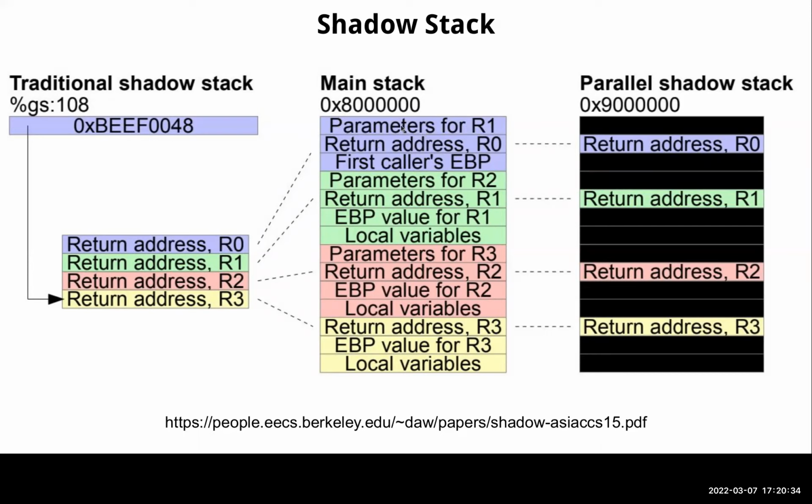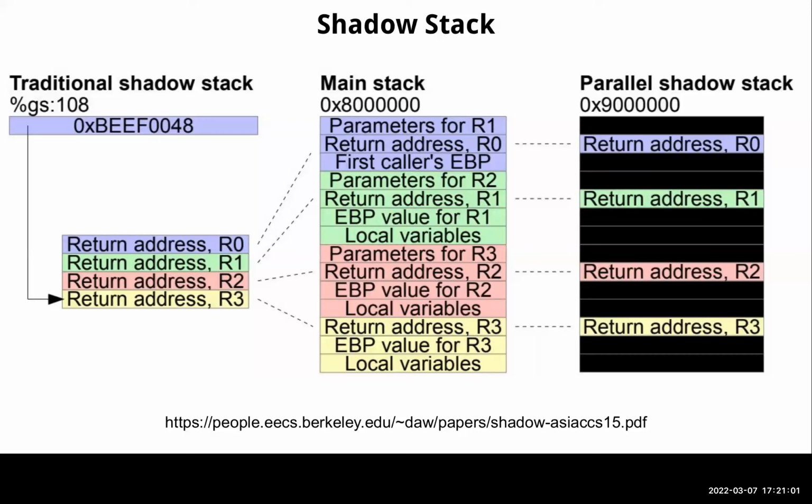Then this function may call another function. So the stack keeps growing down. Then we have parameters, return address. This return address will actually be part of this function here. So here we have 4 functions, so we have 4 stack frames from upper address to lower address.